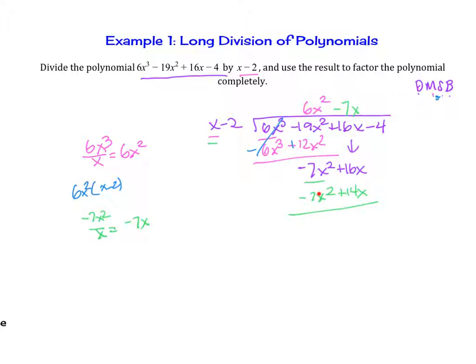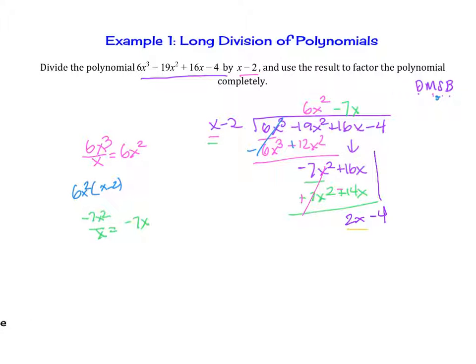So notice that you have the same powers, the same degrees next to each other, and so that hopefully should help you out. The next step is, of course, to subtract, so we change the signs, and so this cancels out. Now we're left with 2x and then minus 4.